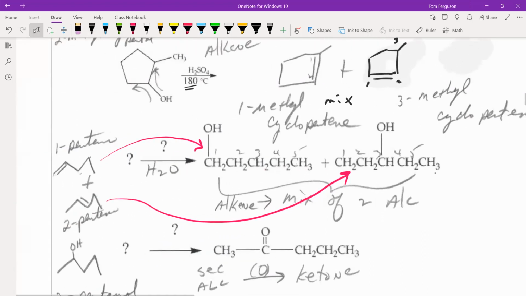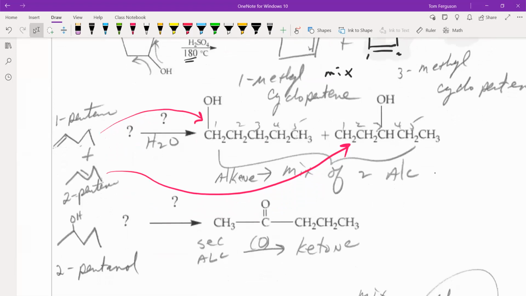Now, this is a particularly tricky problem here. I think it was too tricky for the class at the time. It's going to be too tricky for our class here. Basically, this left-handed pentane alcohol, it's a primary alcohol.